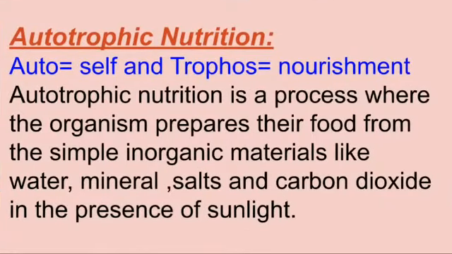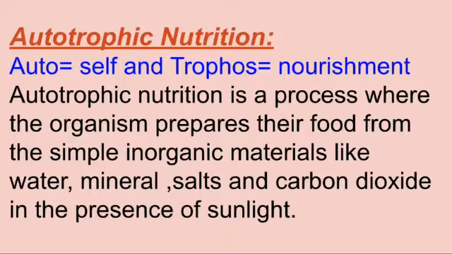As you know, auto means self and troph means nourishment. If you know the meaning of the term, you can write your very own definition. No need to learn it if you are aware of the meanings. So first you should know the meaning of the term.